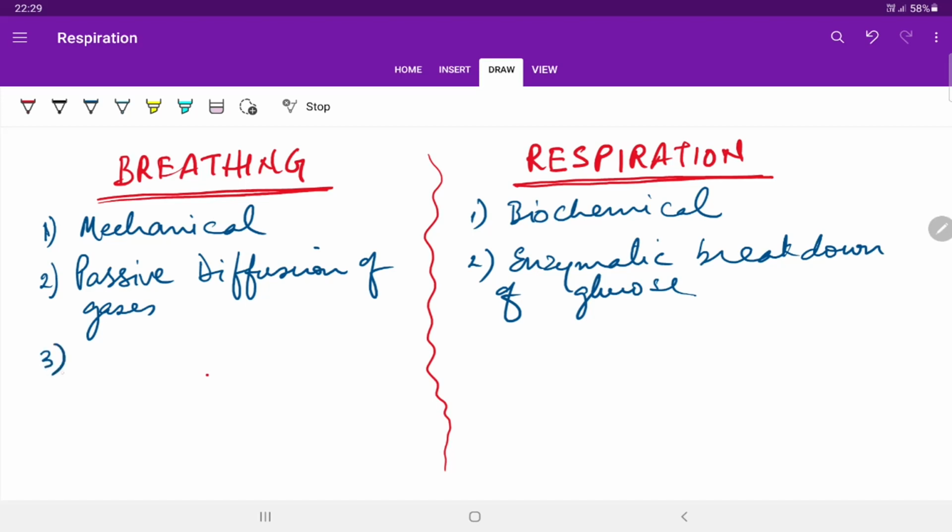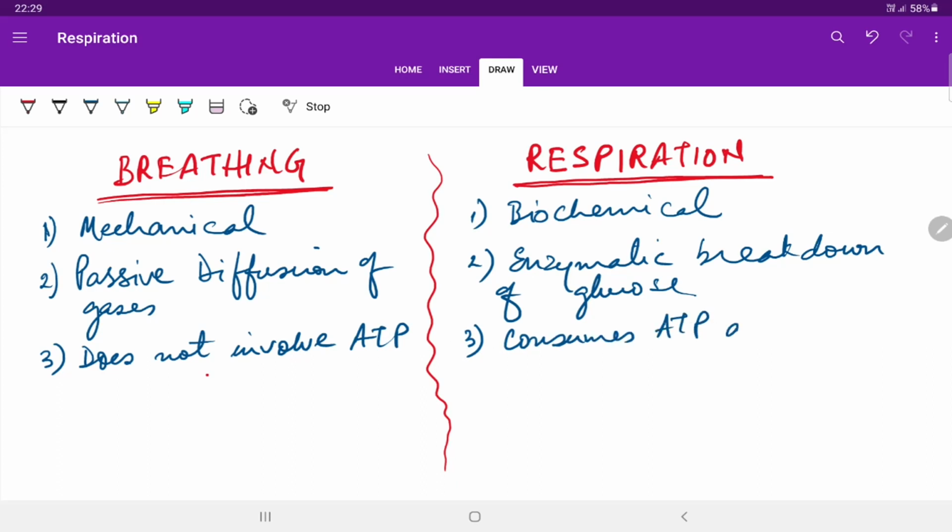Third point, breathing does not involve ATP, whereas respiration consumes ATP and also generates ATP.